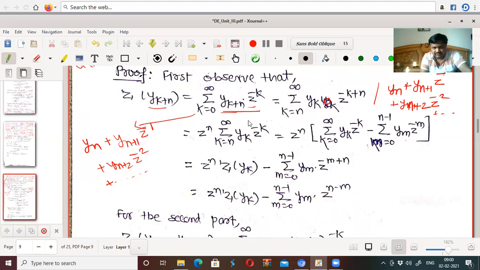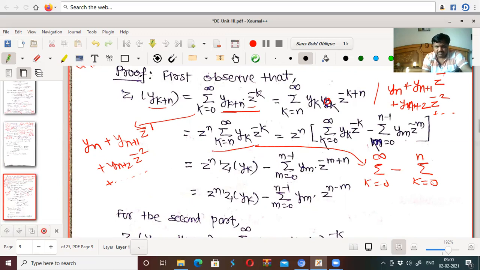Actually, these terms are k from n to infinity. So for that, what will we write? Summation k from 0 to infinity minus summation k from 0 to n minus 1. You are making 0 to infinity, and from that we are subtracting 0 to n minus 1.